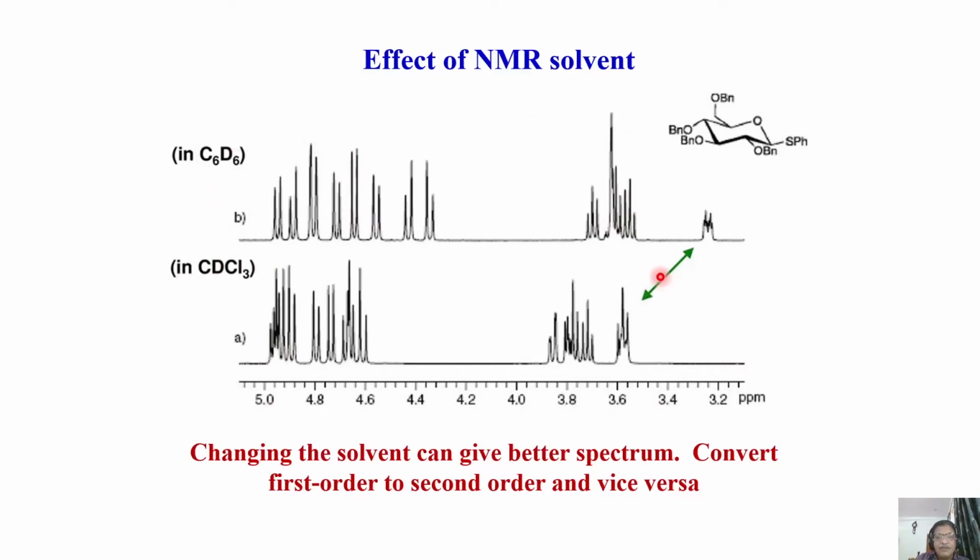What is the meaning of that? Here, what is happening in the chloroform? The spectrum gets crowded, and sometimes the chemical shift differences become so small, and then I'll tell you what second order and first order are. It will become more like a first order spectrum to analyze, whereas the chloroform one is a second order spectrum to analyze.